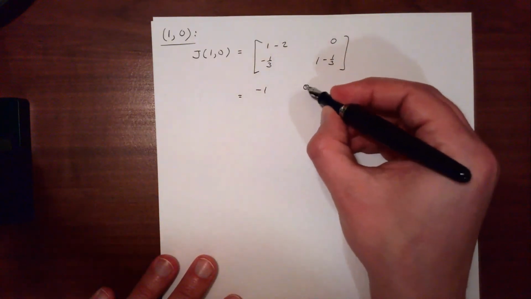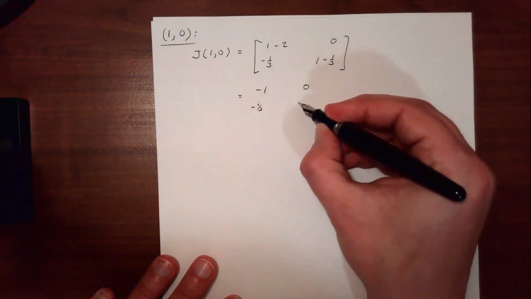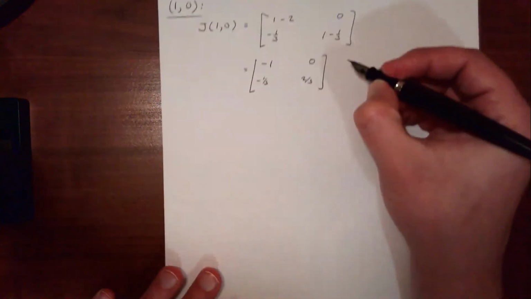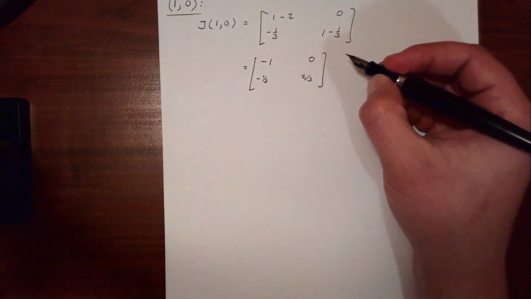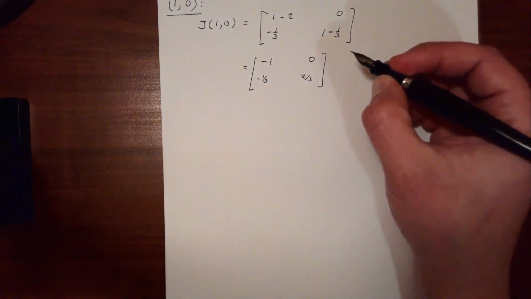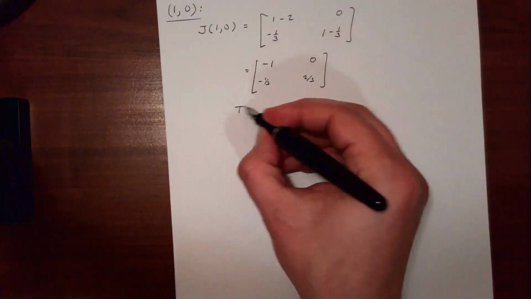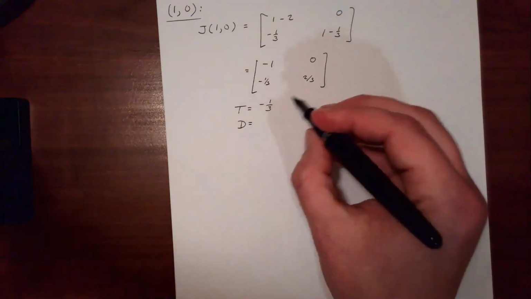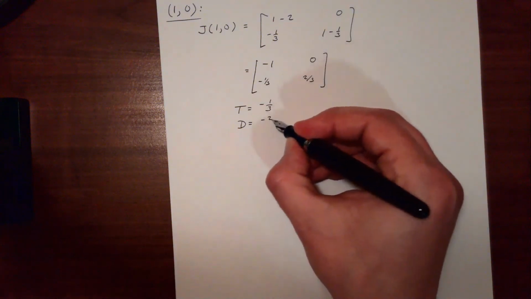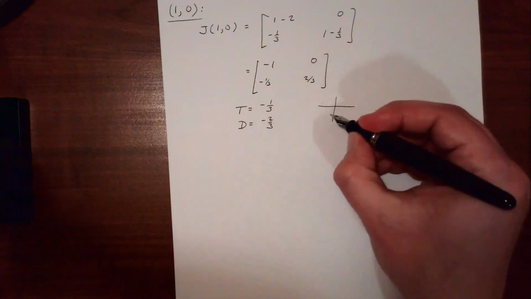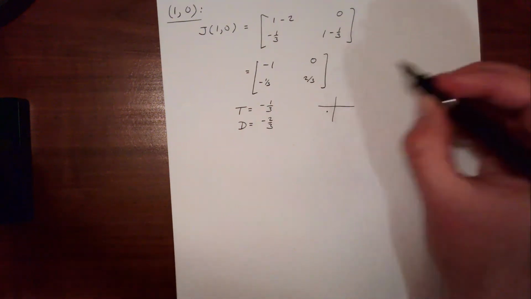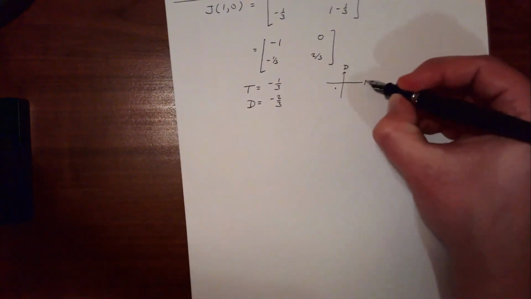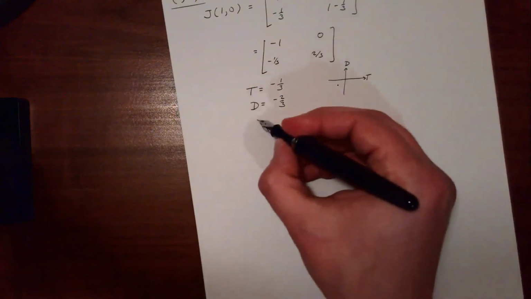Negative 1, 0, negative 1/3, 2/3. So here it looks like our trace is still the same, and our determinant is still going to be negative 2/3, which puts us down here on the trace determinant plane, which means that we have a saddle point.